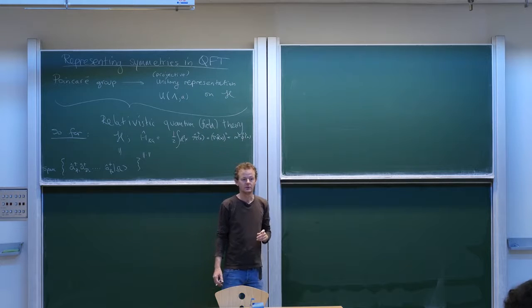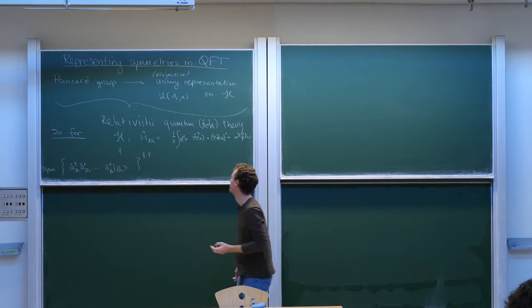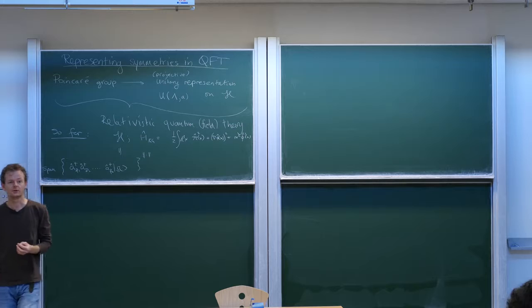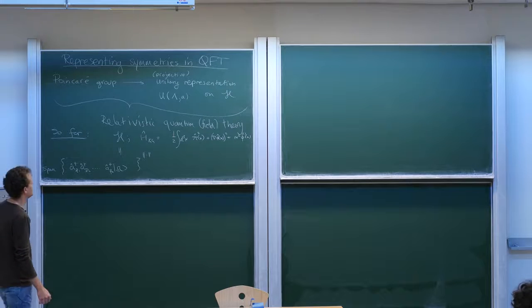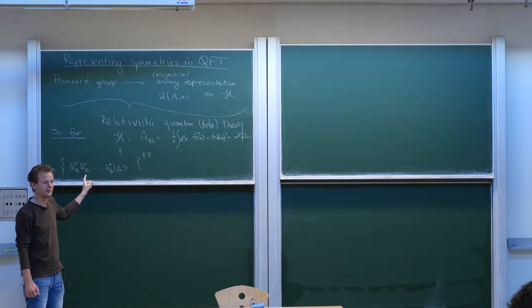We've explored some of the symmetries of the Poincaré group in the previous lecture, and we've also convinced ourselves that this theory is causal, so all signs point to this being a relativistic quantum theory. Today we want to conclude this discussion and actually supply a representation for all the generators of the Poincaré group on this Hilbert space.